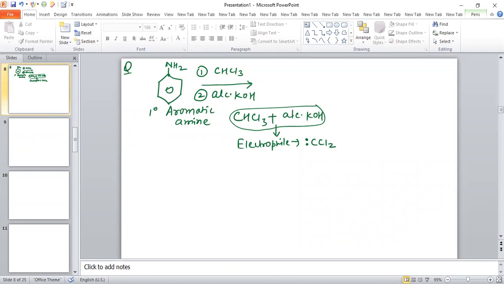So in the product, this NH2 group, after reaction, will convert into NC. So this is basically phenyl isocyanide, and this compound has a foul smelling characteristic. It is a foul smelling substance, with a rotten smell.